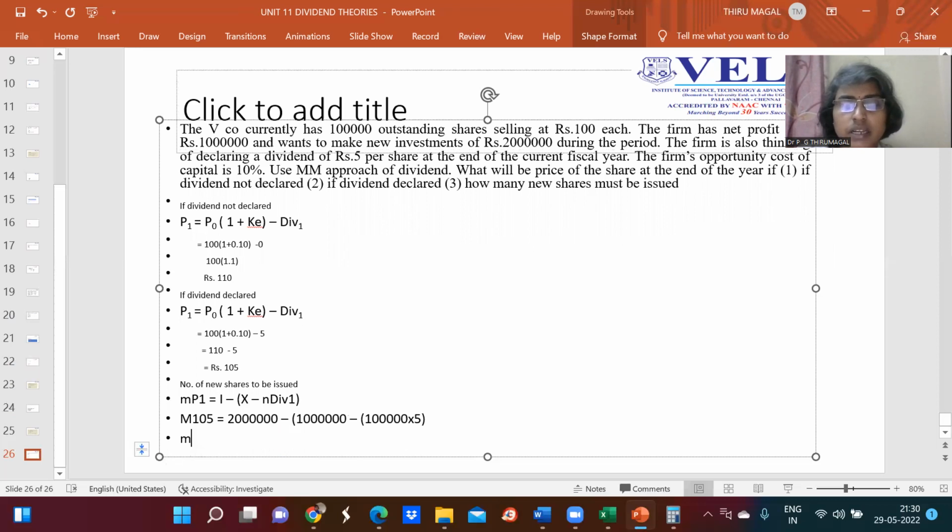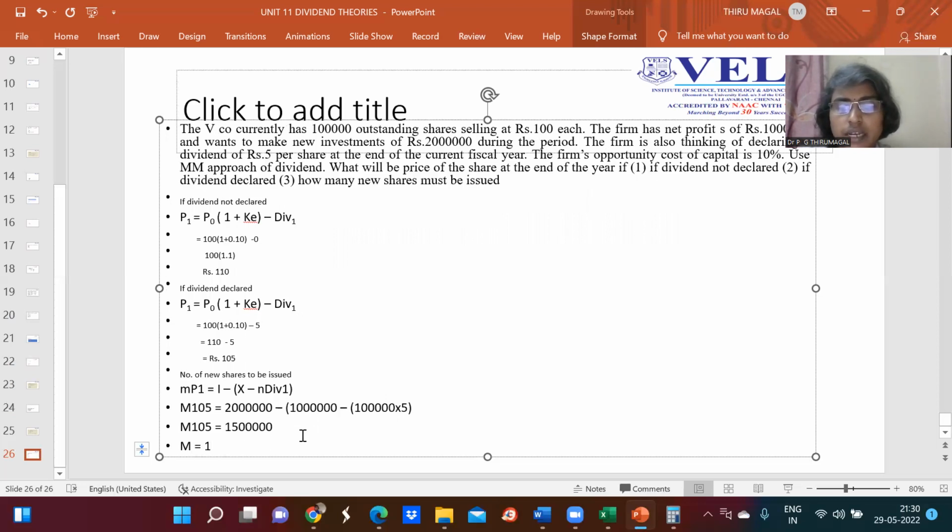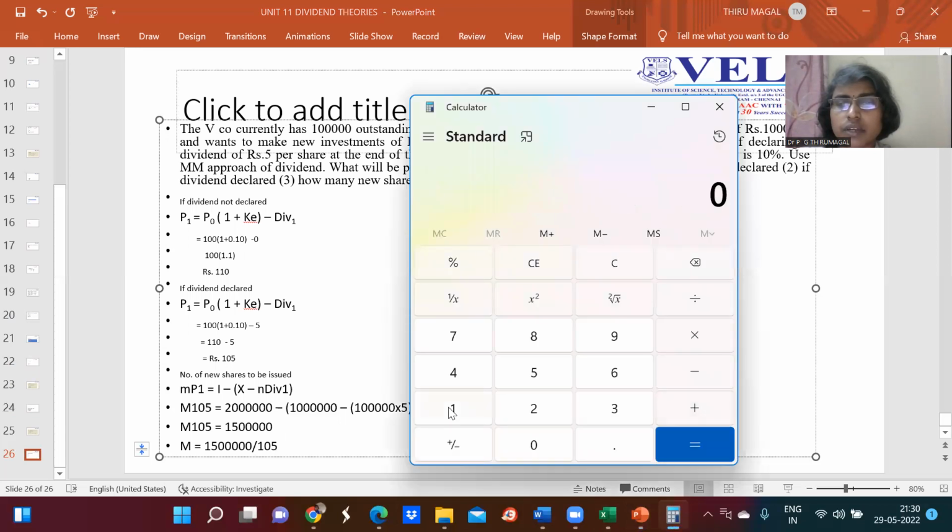So we can simplify again. M into 105 equals, when we multiply, 5 lakhs; 10 lakh minus 5 lakh is 5 lakhs; then 20 lakh minus 5 lakh is 15 lakhs. So the value comes to 15 lakhs. Now we need to find the value of M. M equals 15 lakhs divided by 105.